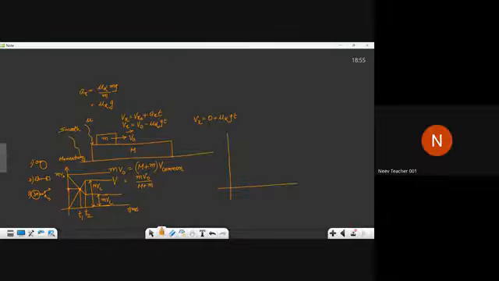One of the two masses is pushed to the right with velocity v0.